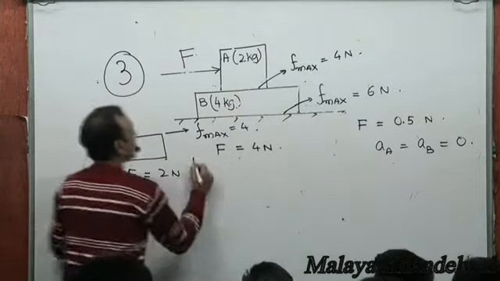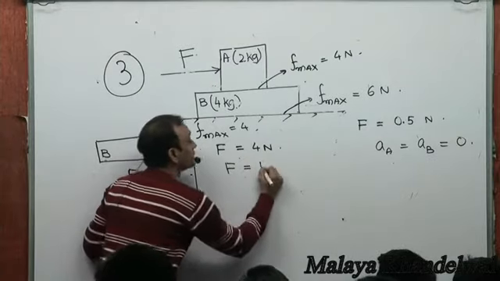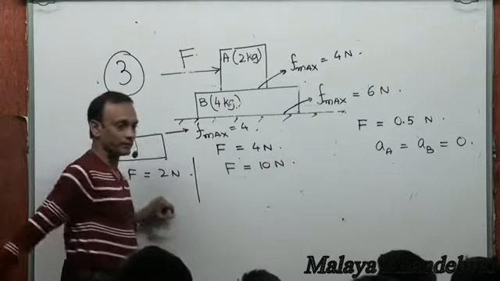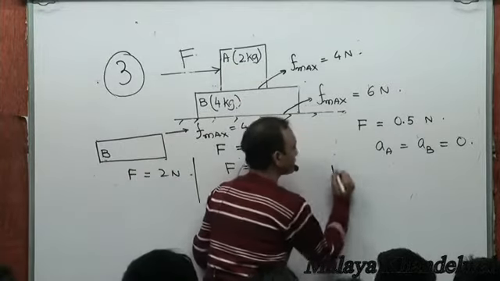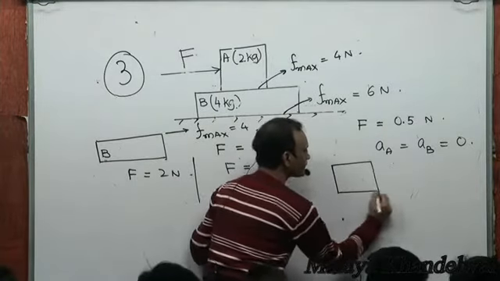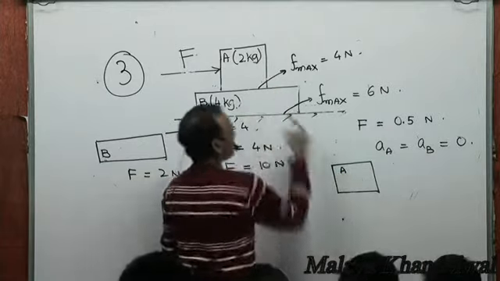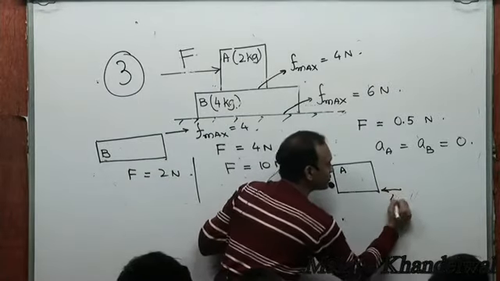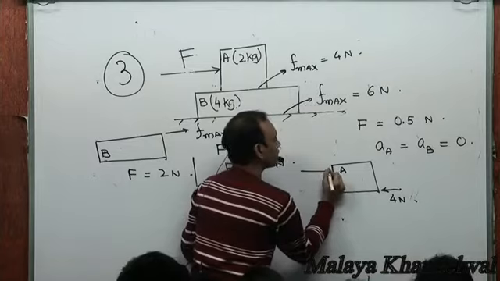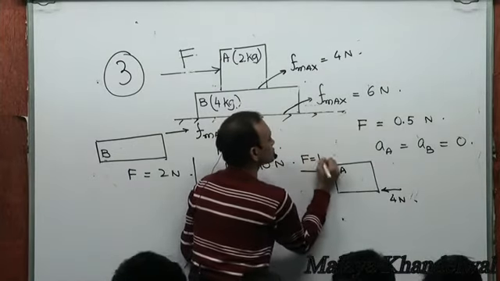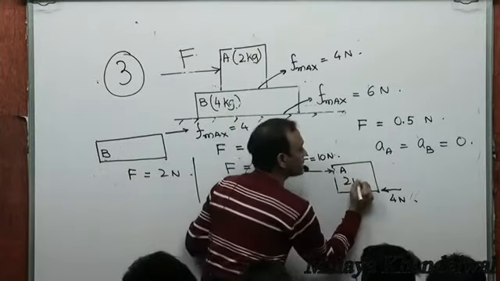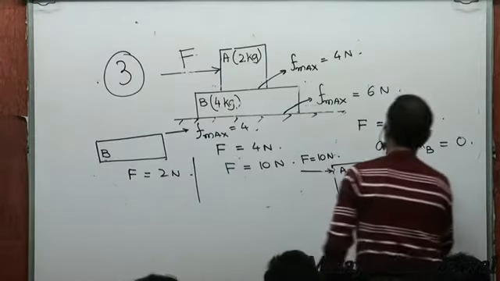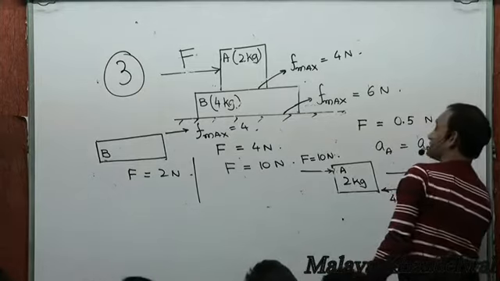So, if you apply a force F equal to 10 newtons on A, then the frictional force on A will become 4 newtons, to the left. F is 10 newtons, and this is a 2 kg mass, so the acceleration of A would be 3 meters per second squared.